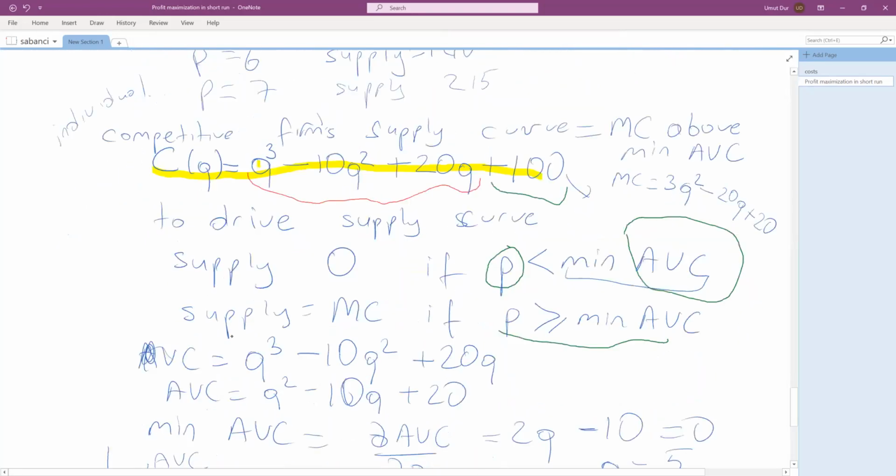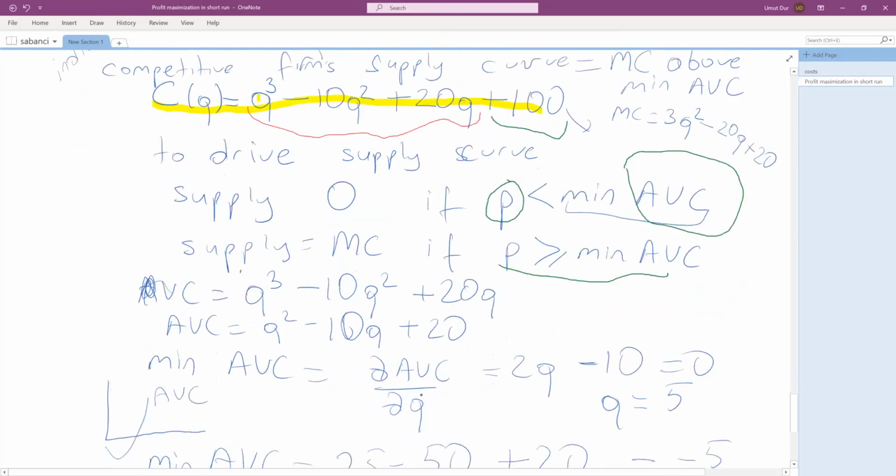The variable cost is this red part, and I divide it by Q. The minimum can be found by taking the derivative of the average variable cost and equalizing it to 0, which means the minimum is achieved where quantity is 5.